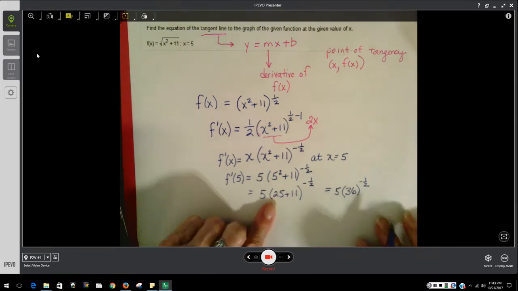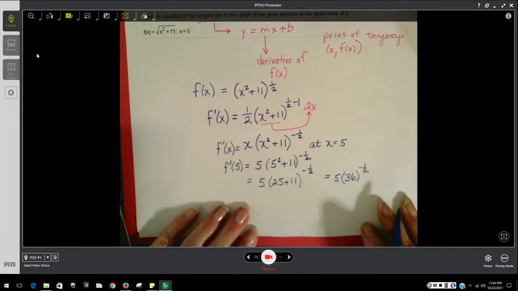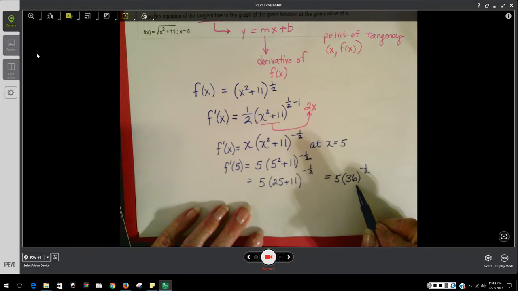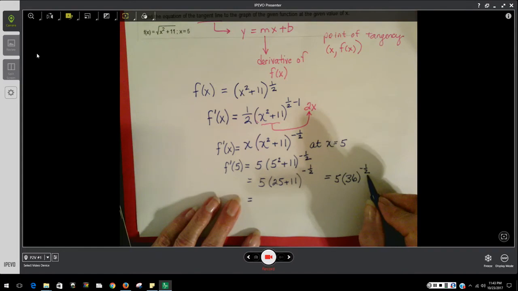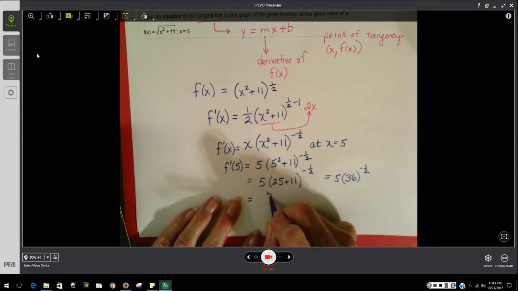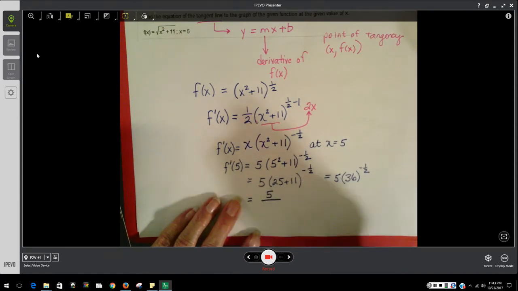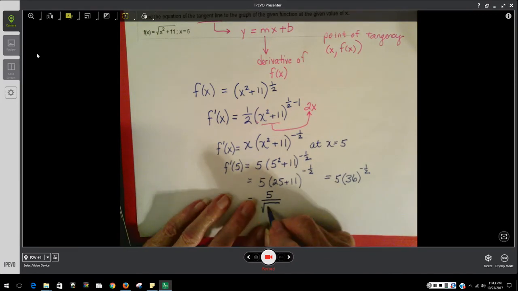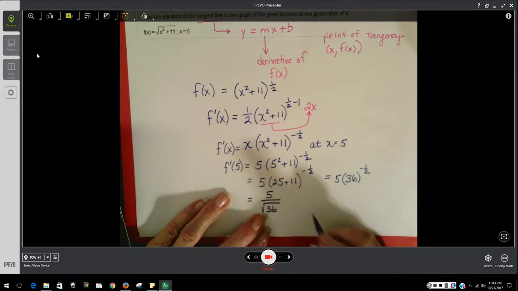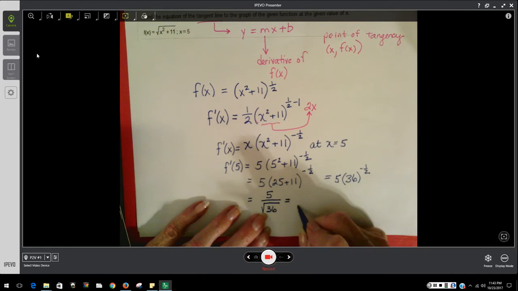And now it would be simplest if we go ahead and change this 36 to the negative 1/2 power by putting it back into a radical and putting it in the denominator, since this is negative. So this is going to be 5 over the square root, for the 1/2 power, of 36. And the square root of 36 is, of course, 6.